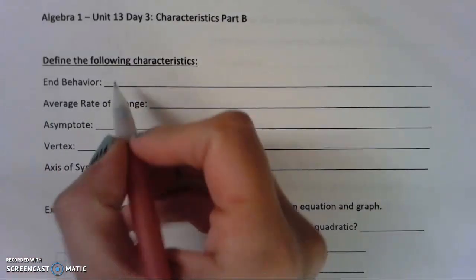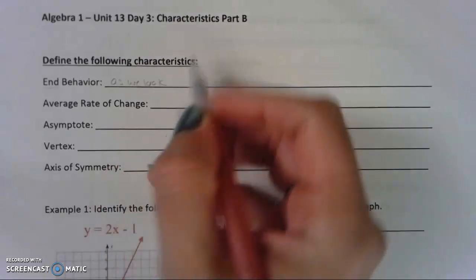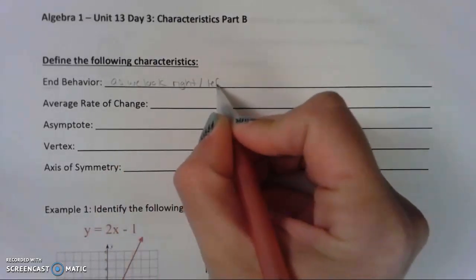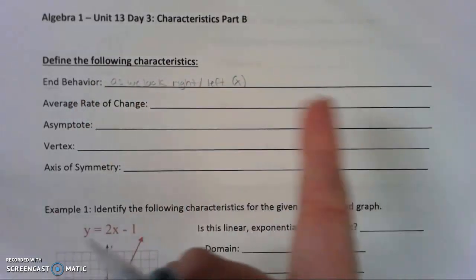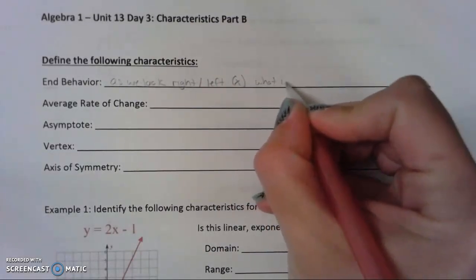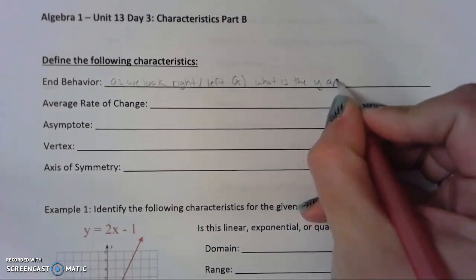So this just means that as we look right or left, remember these are the x's, so as we look right or left on the x-axis, what is the y approaching?